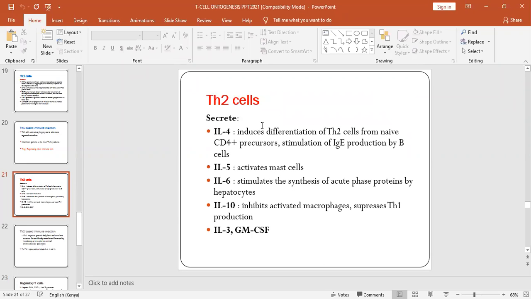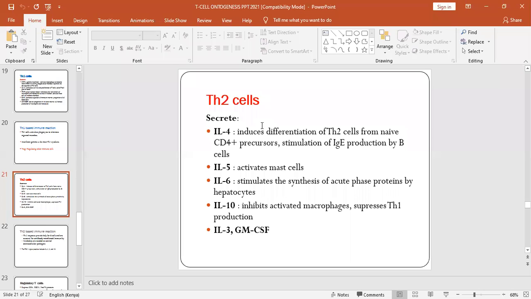Now, let's mention the T helper type 2 cells. These cells, unlike the type 1, are more associated with allergic or hypersensitivity responses. They secrete critical cytokines or interleukins, which are very important in hypersensitivity reaction.